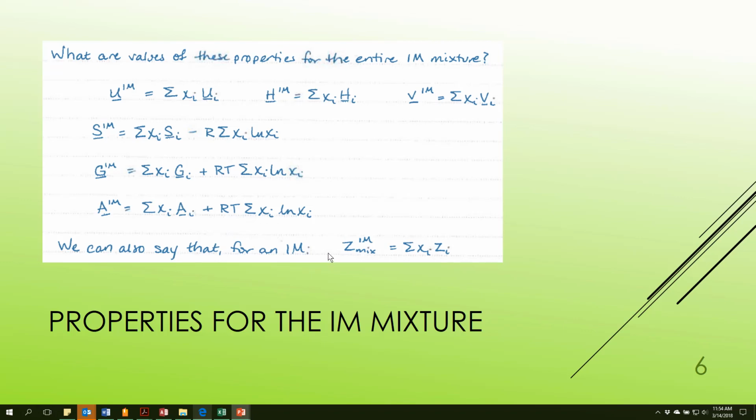So Z is PV over nRT. So if I take my expression for V up here and do the appropriate multiplications and divisions, I end up with this expression here. So I have a similar expression for Z as I do for volume.